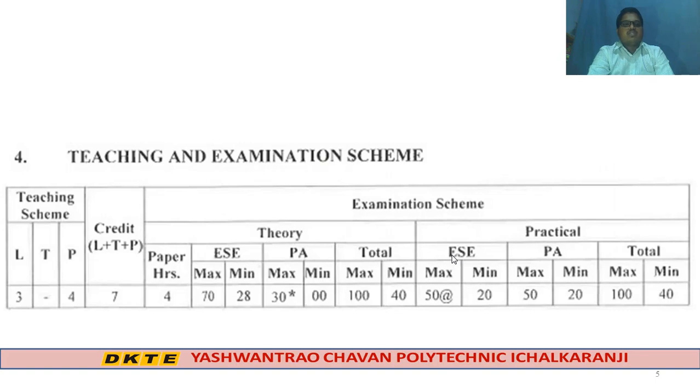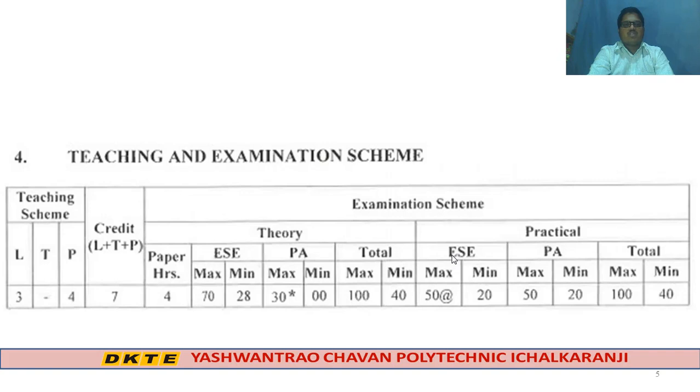Now the teaching scheme designed for this subject is a total of 3 lectures weekly and 4 hours of practical per batch weekly, and a total of 100 marks for theory. The end semester exam has 70 marks and progressive assessment for theory is 30 marks.